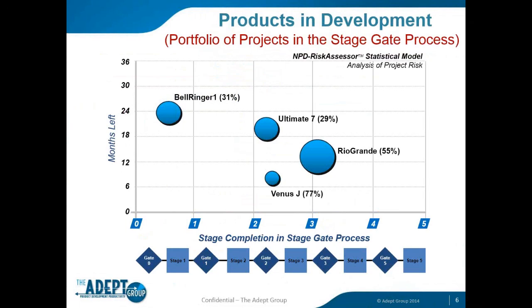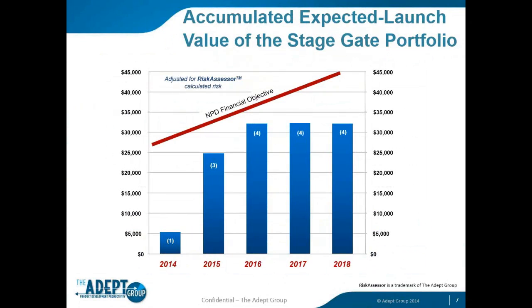Obviously, this is a fictitious portfolio, and by the way, the bubble size is reflective of the revenue that could be generated by the project, and the probability of success is written next to the name of the project. Those 4 projects could, in fact, lay out another chart, which would be a histogram, or a bar chart, showing us how much revenue is expected, which means calculated against risk.